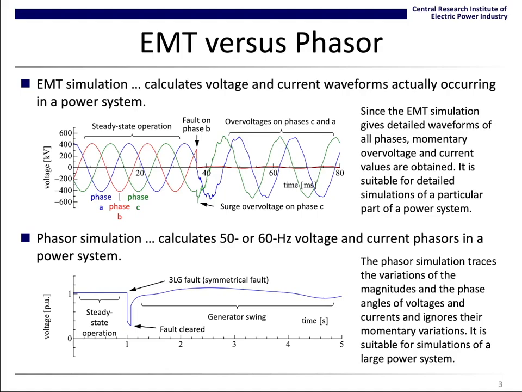The Phasor simulation traces the variations of the magnitudes and the phase angles of positive sequence voltages and currents and ignores their momentary variations. It is suitable for simulations of a large power system. Finally, notice the difference of the timescale of the EMT simulation and that of the Phasor simulation.